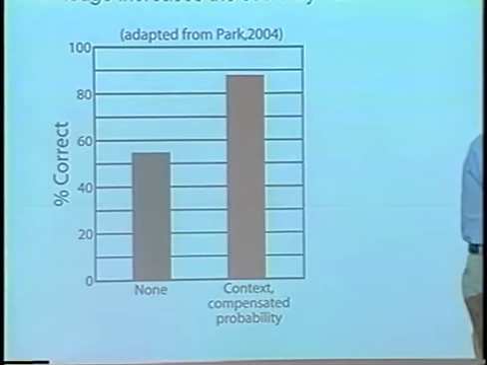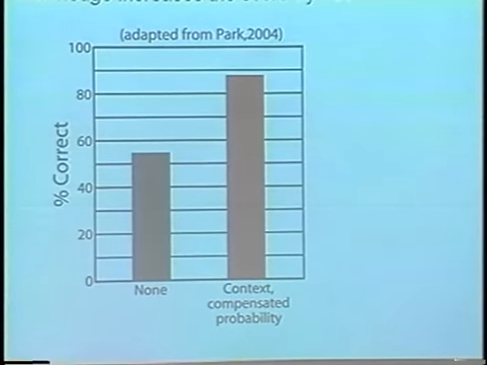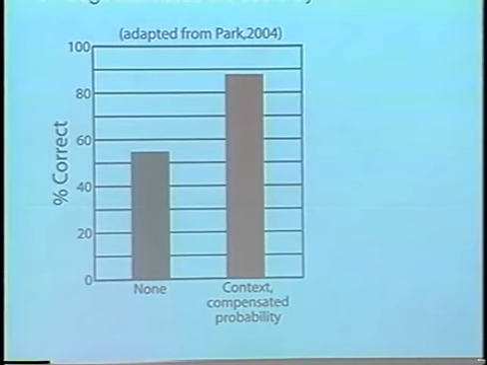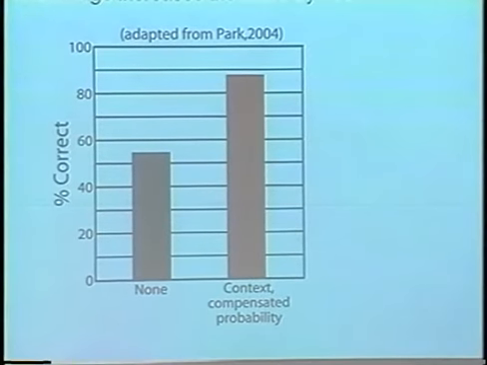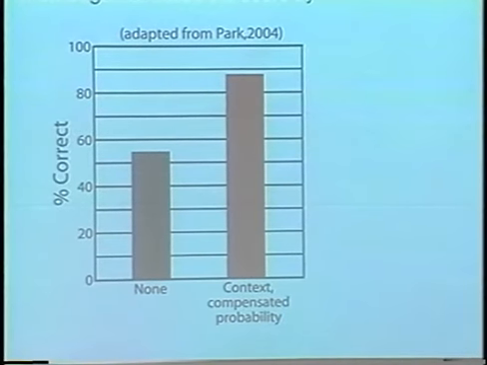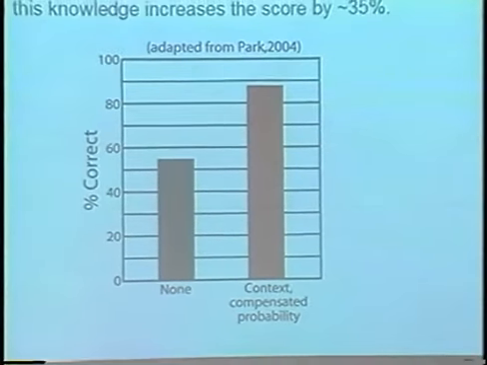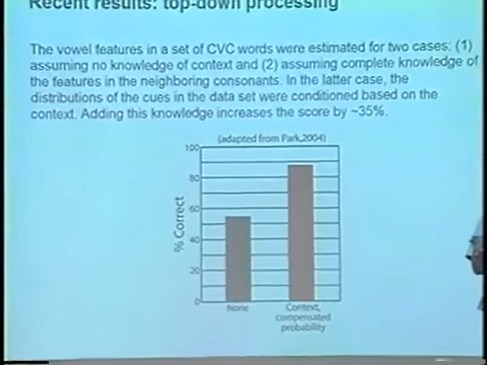And then he took into account knowledge of the consonant using a kind of top-down analysis. And he did that in two ways. One is knowing both consonants, you have some idea of how the consonants influence the duration of the vowel, right?